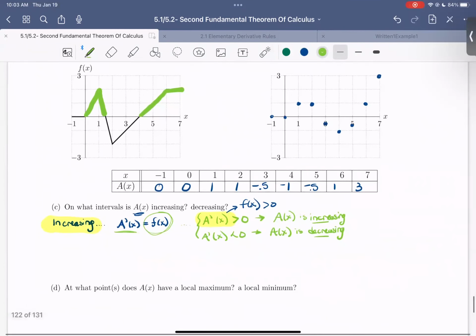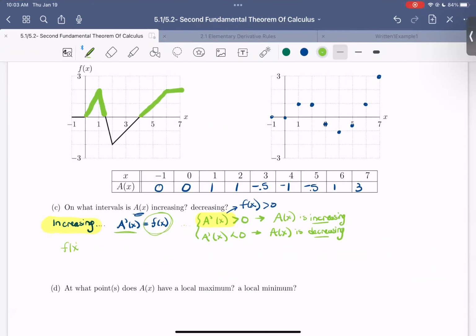So what are those intervals? Well, f of x, which is the derivative, is positive on the interval from 0 to 1.5 and from 4 to 7.